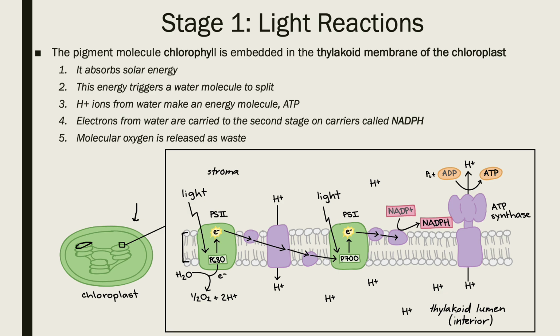So embedded in these membranes within the chloroplasts are chlorophyll pigment molecules. And we can find those embedded in big complexes, so-called photosystem 1 and photosystem 2.